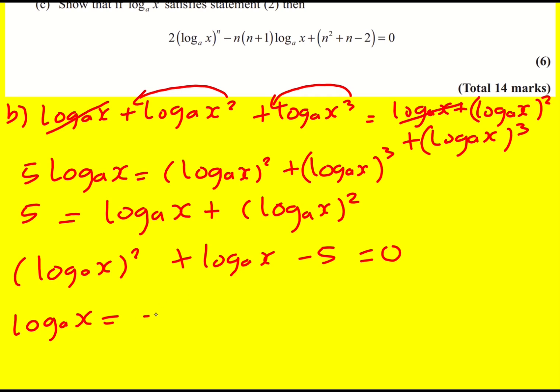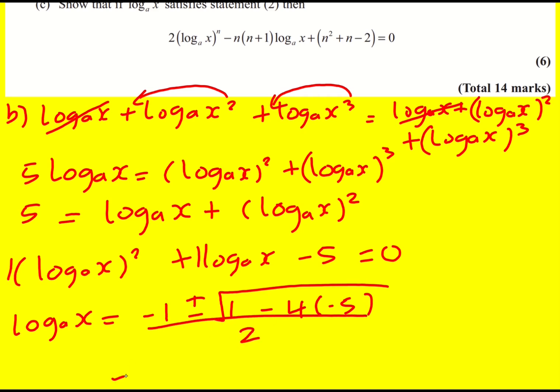So minus b is minus 1. There's a 1 here, plus or minus 1 squared, which is 1, minus 4ac, 4 times 1 times minus 5, square rooted, all over 2. So minus 1 plus or minus root 21 over 2.